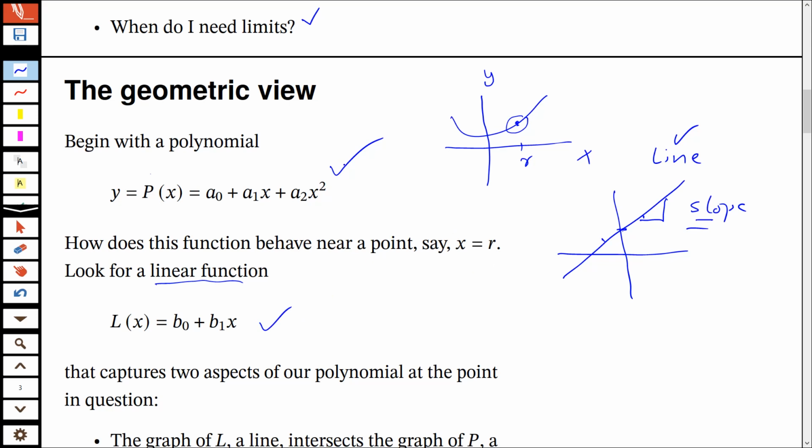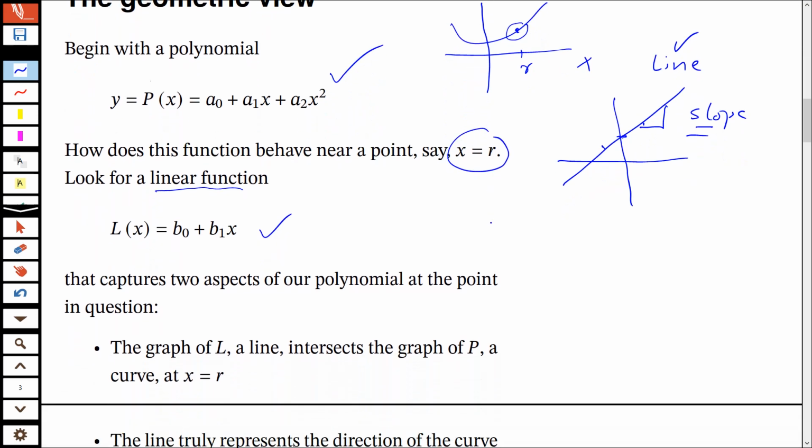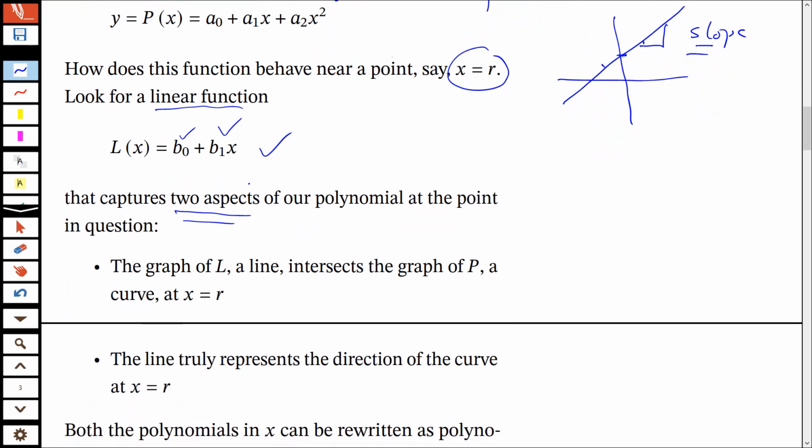Because I want my analysis to be at this point, I want this linear function to capture two aspects of my polynomial. It can only capture two aspects, because it has just two parameters or two coefficients.